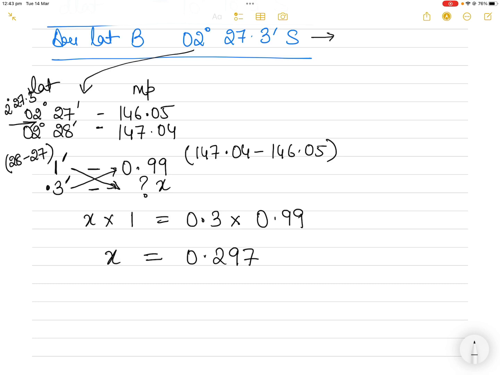So that means if I increase the value from 2 degrees 27 minutes to 2 degrees 27.3 minutes by just 0.3, I would have to add this value to this MP value here.